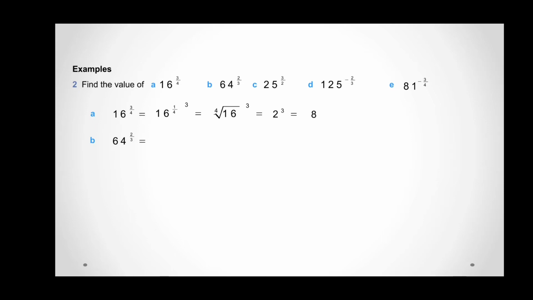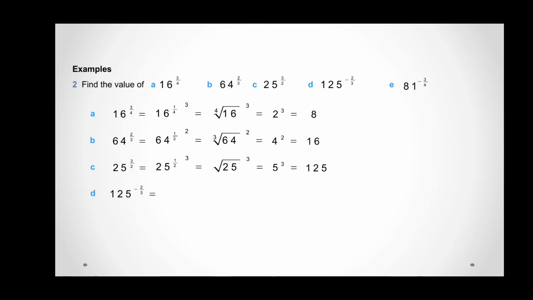Then 64 to the power 2 over 3, first we have to take the cube root of 64 and square it. The cube root of 64 is 4, then square 4, the answer is 16. Then 25 to the power 3 over 2, first we have to take the square root of 25, then cube it. So square root of 25 is 5, 5 cube is 125.